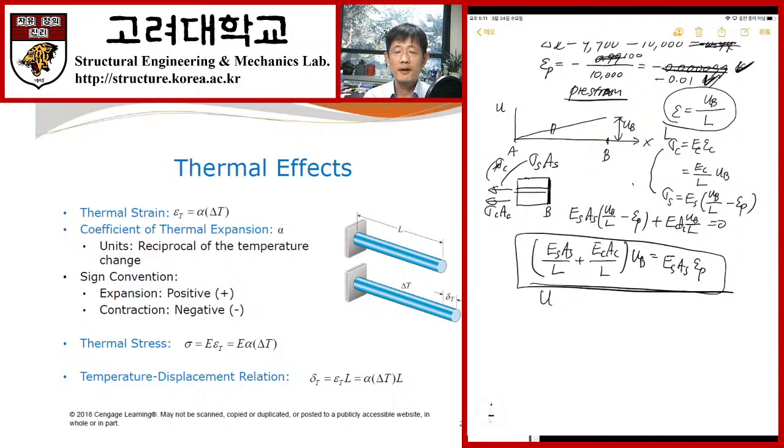Because concrete is very weak in tension, we like to shift the stress condition to the compression side instead of having a tension field. So we intentionally introduce pre-strain into the steel, and that steel used for the introduction of the pre-strain is called a pre-stressing tendon.